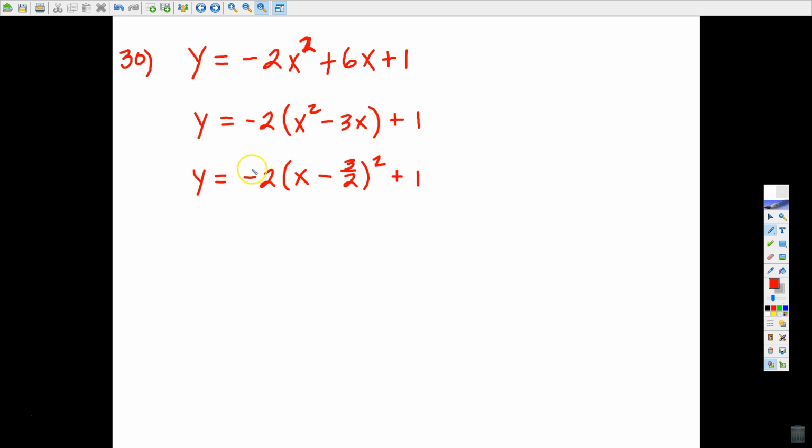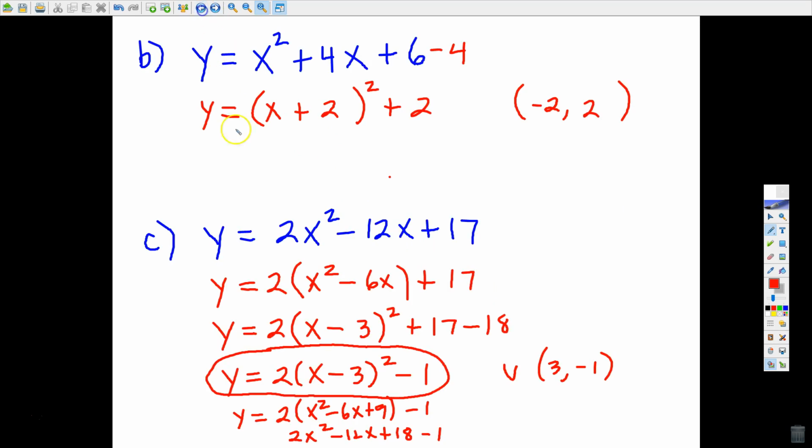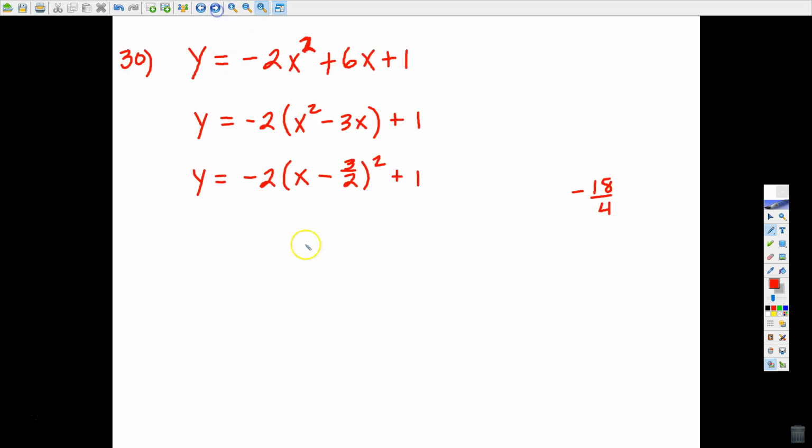Okay, and don't forget, I've got to multiply just like our previous example, but this time I'm multiplying by a negative. So it's 9/4 times -2, that's -18/4. Okay, well, unlike the previous example where I multiplied 9 times 2 and got +18 and had to subtract, now I'm multiplying 9/4 times -2, creating a negative number, so we're going to have to add to make an equivalent expression.